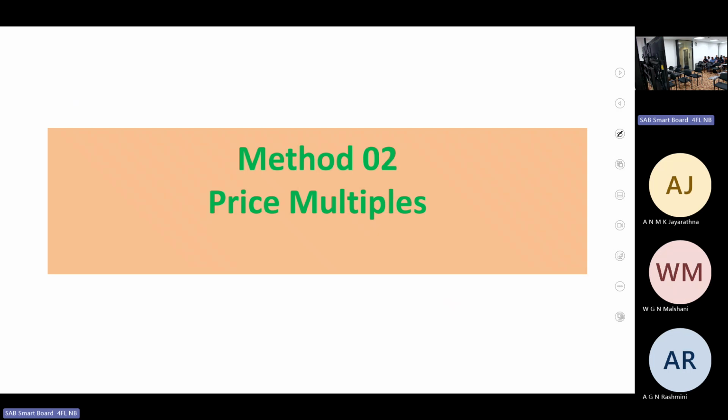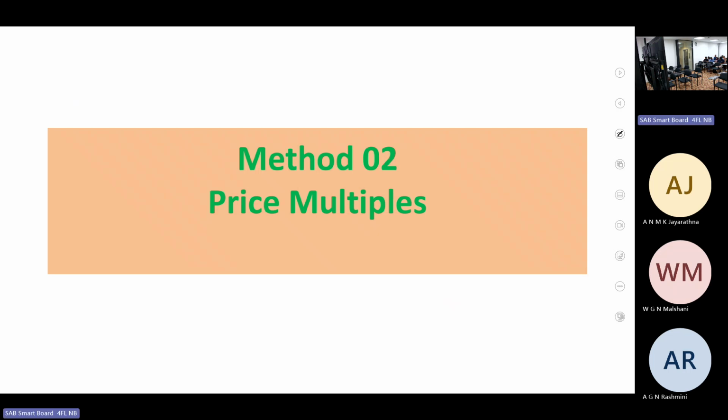So what we have discussed: DDM considers two factors. What are these two factors? First one, holding period. Second one, growth rate. For holding period, we had two branches.